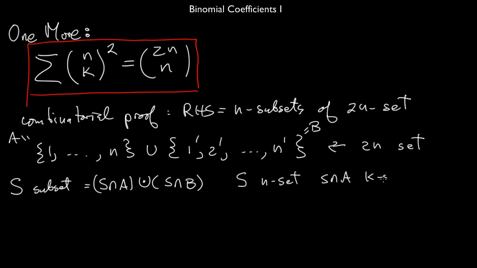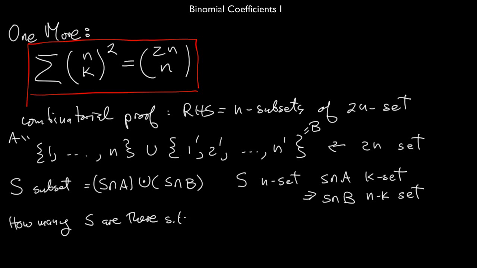S is supposed to be an n set. So if S intersect A is a k set, then S intersect B has to be an n minus k set. So how many ways are there of choosing S such that the first part has k elements and then the second part has n minus k? Well, the k elements from the first guy, there's n choose k of those.